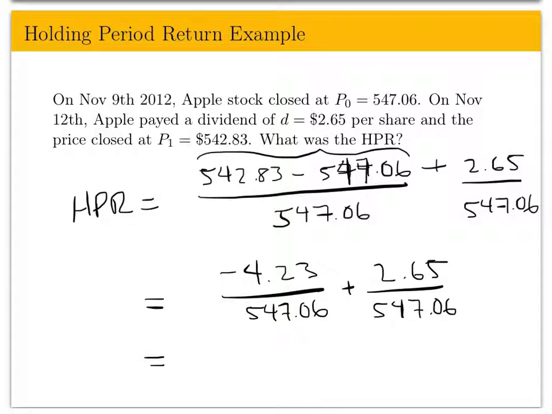And the total, if you punch this into a calculator, is negative 0.00289 rounding, which is negative 0.289% multiplying by 100.